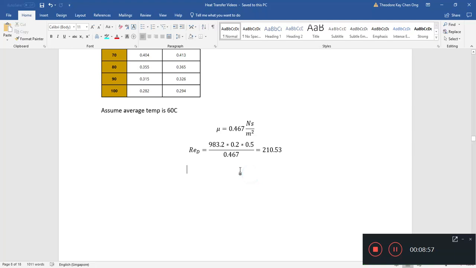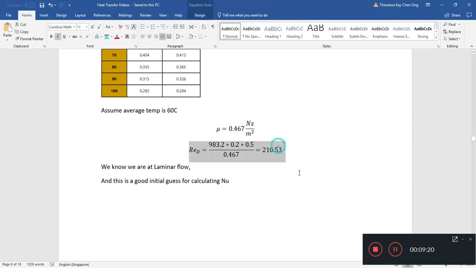So this is a good initial guess. We know we are at laminar flow, and this is a good initial guess for calculating Nusselt number. So we can try and use this Reynolds number first. It's just a kind of guess value.